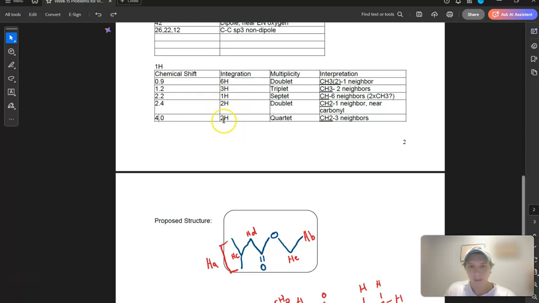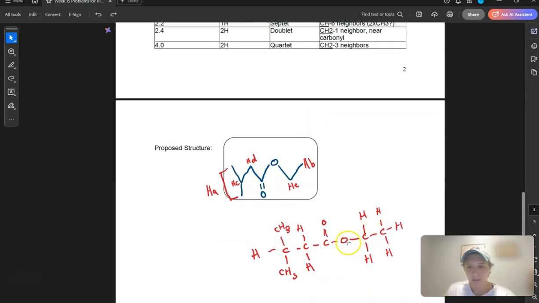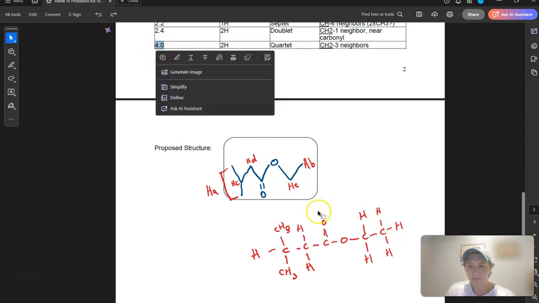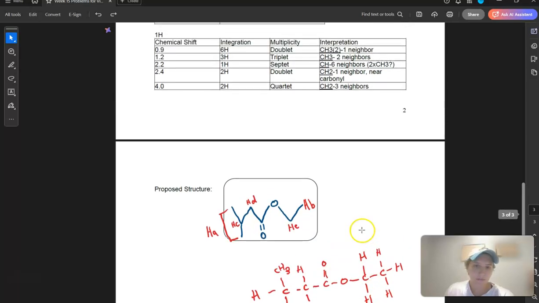So I figured it was a CH2 based on the two hydrogens. It's a quartet, so it must have three neighbors. So I immediately made that CH2 bonded to the oxygen because it's so deshielded and downfield. So there's the CH2. Just as a placeholder, I wasn't sure yet, but I put in the CH3 so it could have its three neighbors and I could work from there.